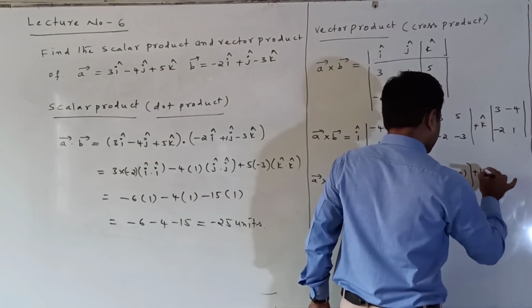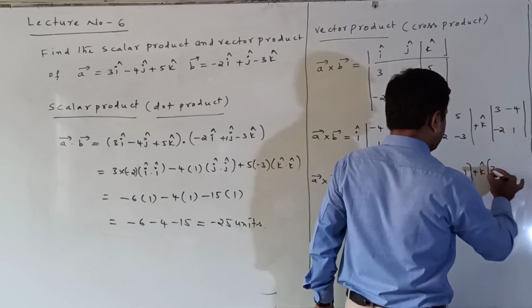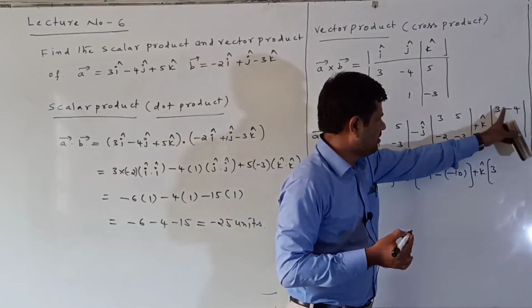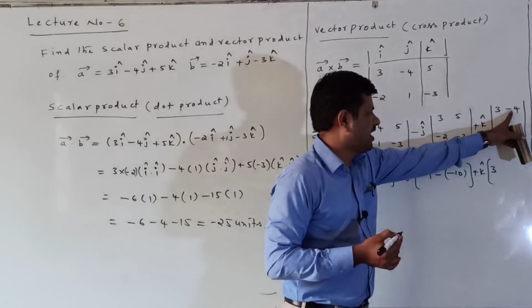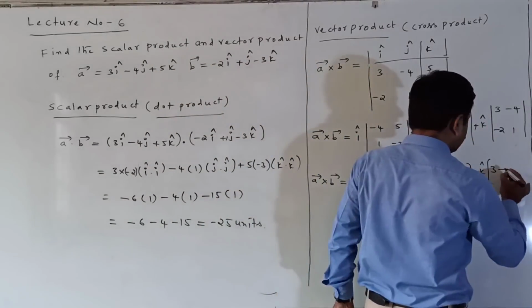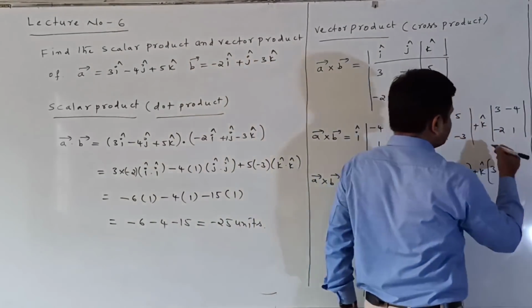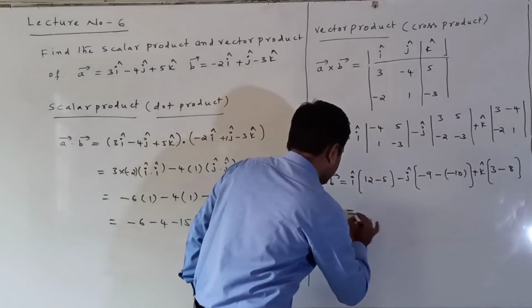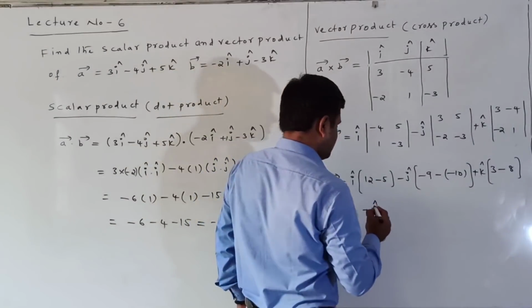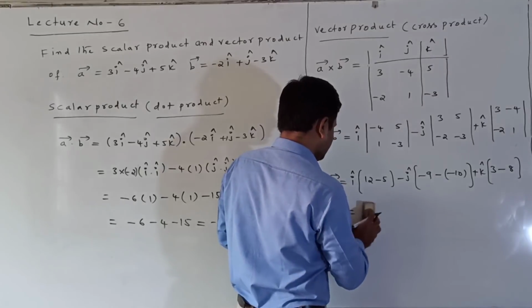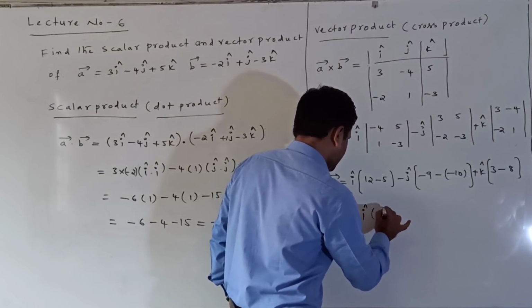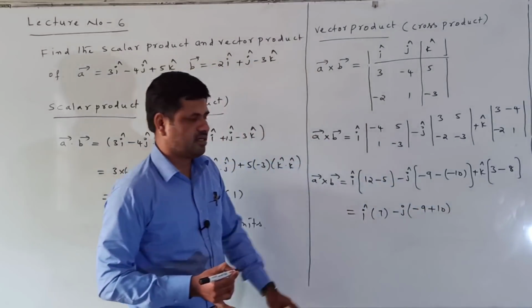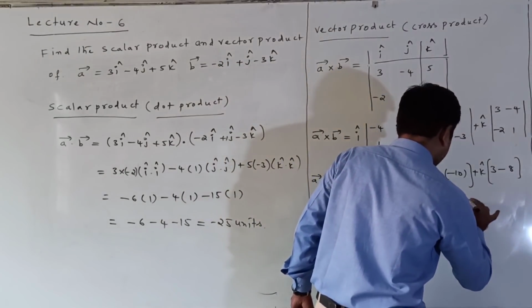Now plus k cap into 1 into 3 3, here 4 into 2 is 8. 3 into 1 is 3, this is a minus into minus plus, so in between we compulsorily put the minus: 3 minus 8. Now this is 7 i cap, directly I am writing here: i cap into 7 minus j cap into minus 9 plus 10, plus k cap into minus 5.